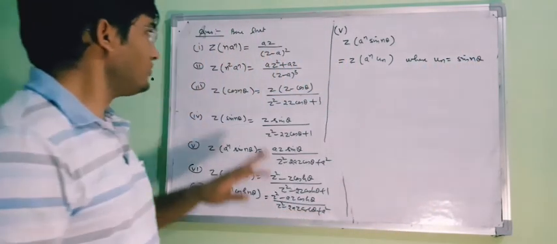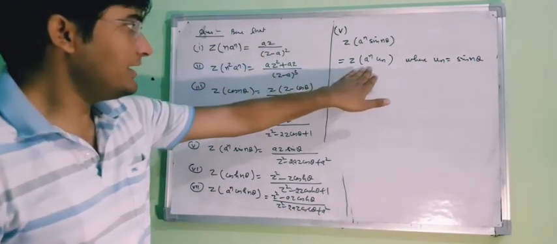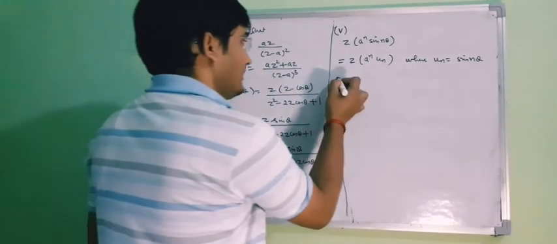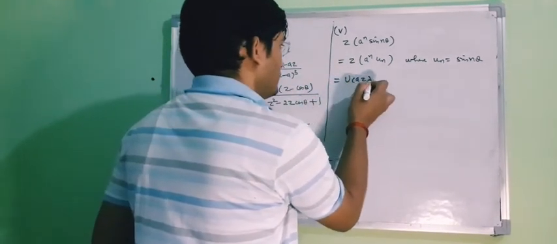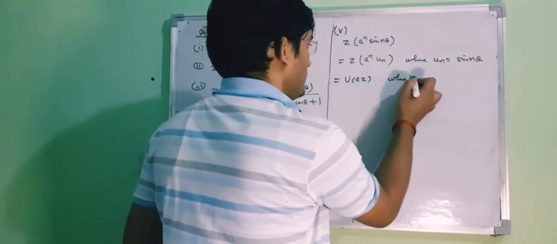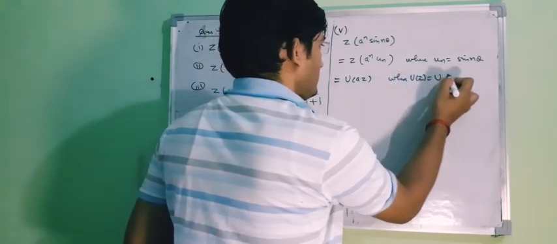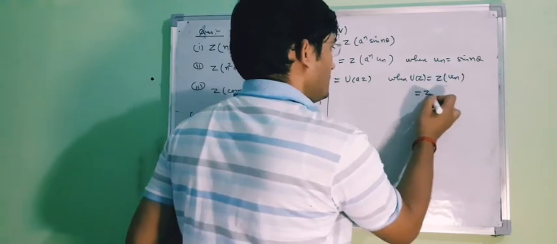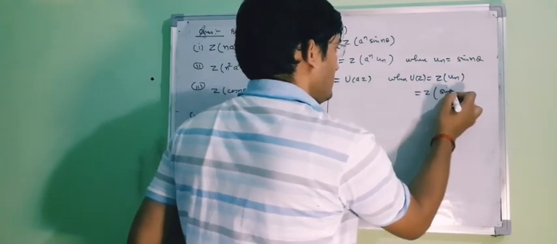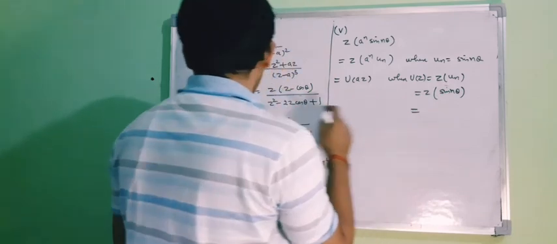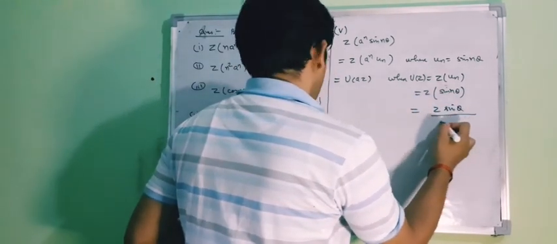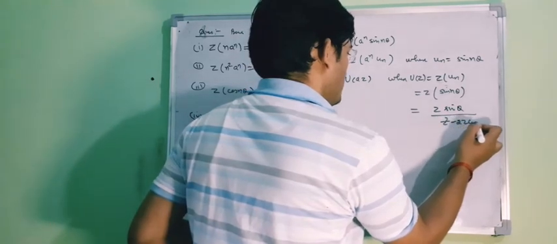Now by damping rule, this z transformation of a power n into u n will be u a z, where u z is z transformation of u n, and the z transformation of u n means the z transformation of sin n theta, and z transformation of sin n theta is z sin theta upon z square minus 2z cos theta plus 1.